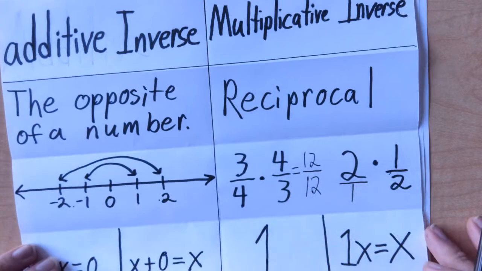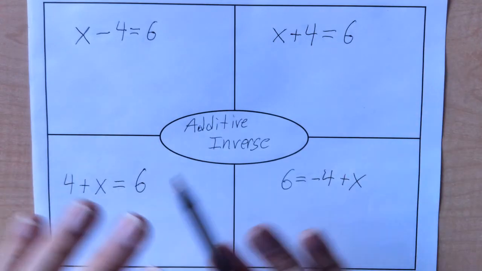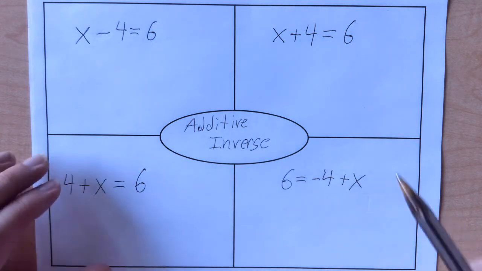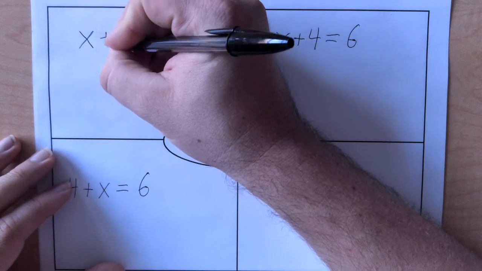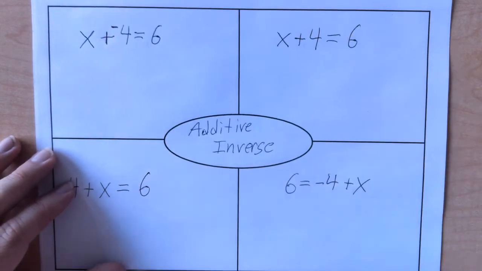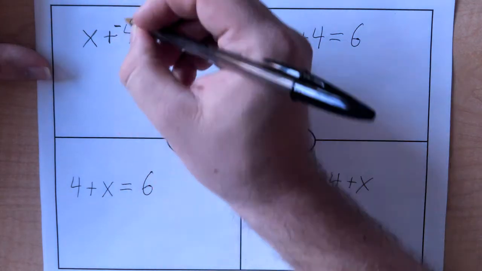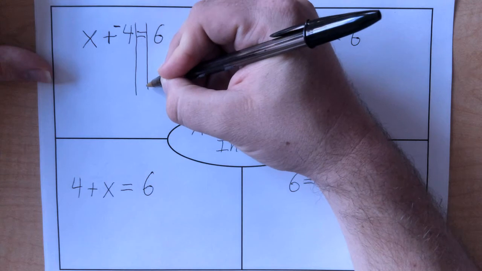Let's look at some more examples of this. All right, additive inverses. These are all one-step equations that we're going to solve using the additive inverse. If you have a subtraction sign, I want you to change that to plus a negative, right? That would be the same as subtracting 4 here. Now, when solving an equation, whatever you do on one side, you do to the other.